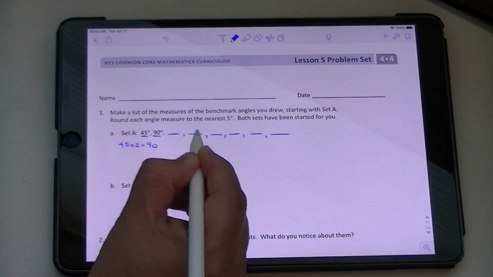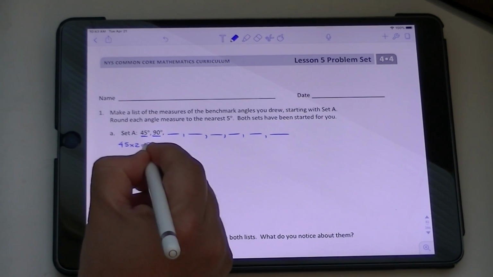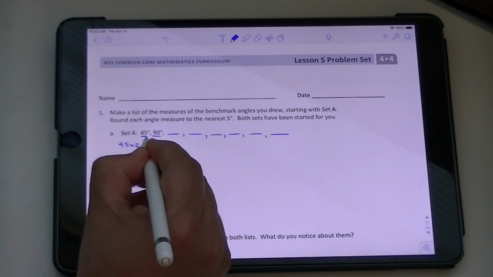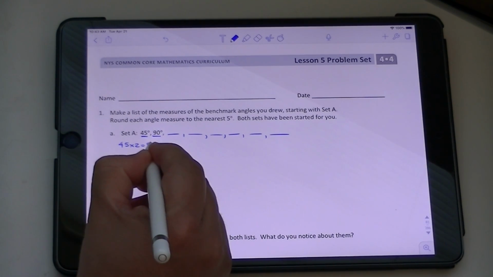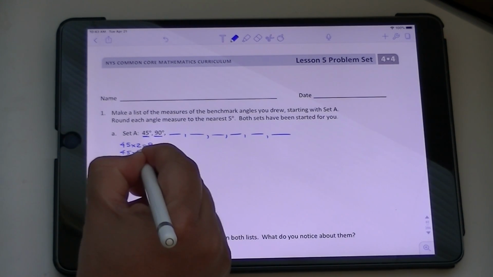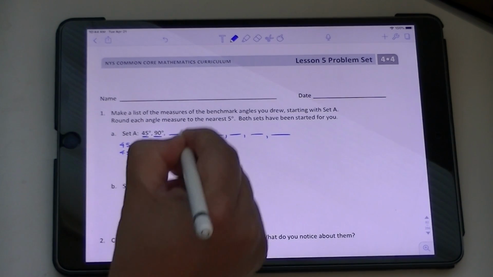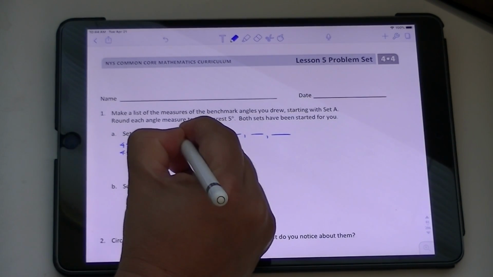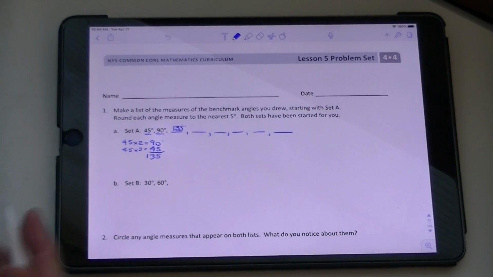So you already have 90 there. Okay, now you're going to add 45 to 90. That's the same as saying 45 times 3, and that will be 135. So the next angle will be 135 degrees, and you continue like that.